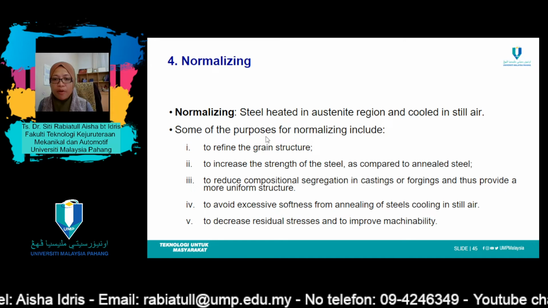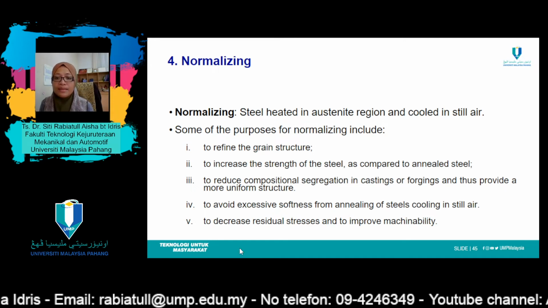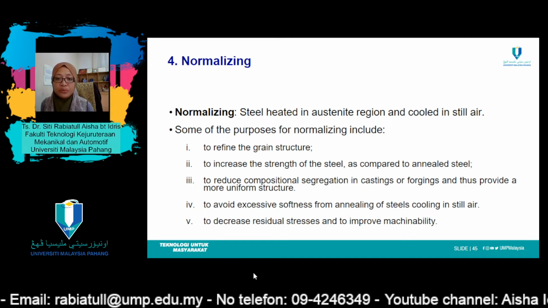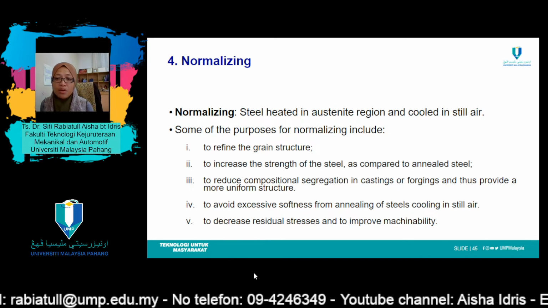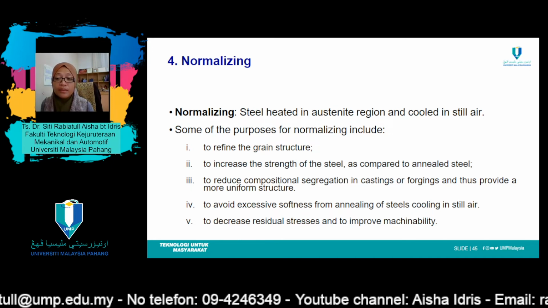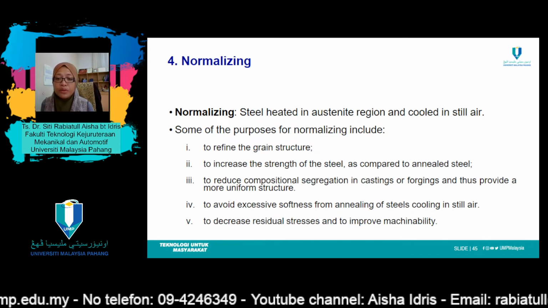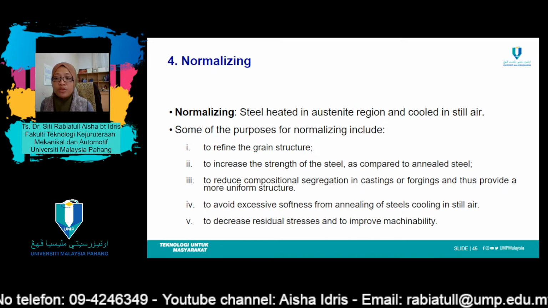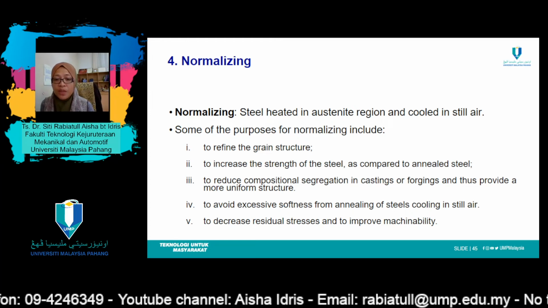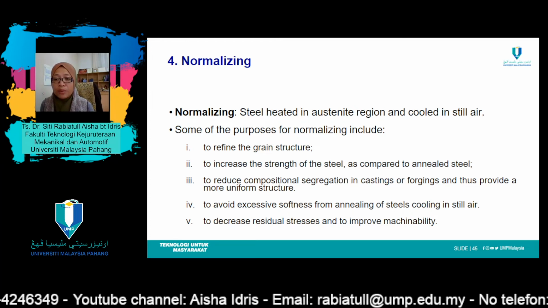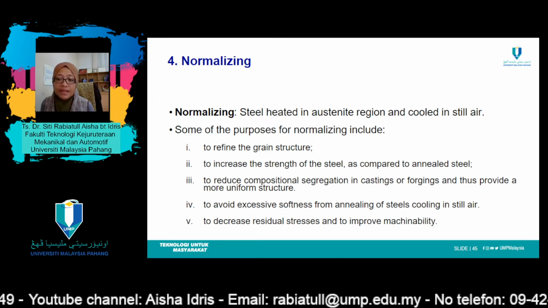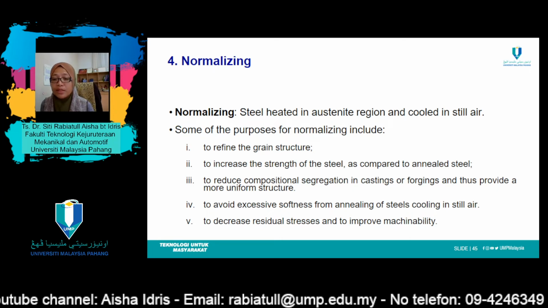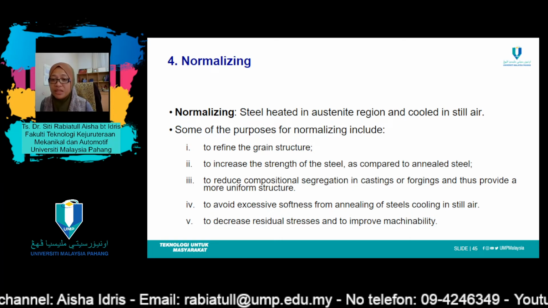Some of the purposes of normalizing include to refine the grain structure, to increase the strength of the steel as compared to annealed steel, to reduce compositional segregation in castings or forgings and thus provide a more uniform structure, to avoid excessive softness from annealing of steels by cooling in still air, and to decrease residual stresses and to improve machinability.